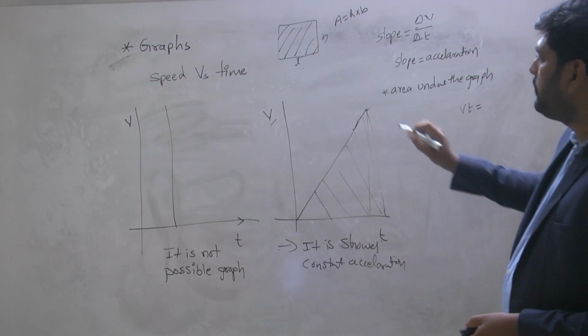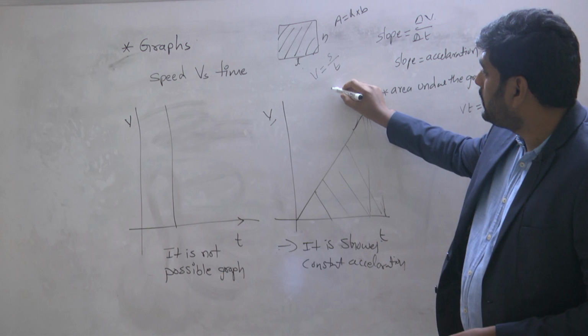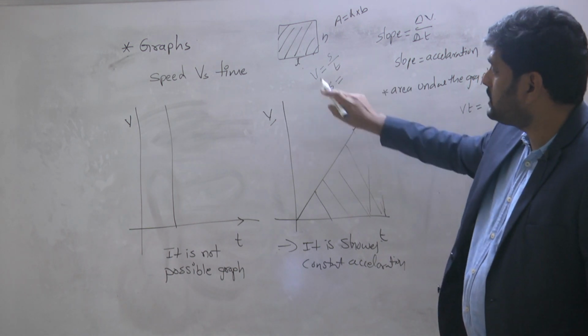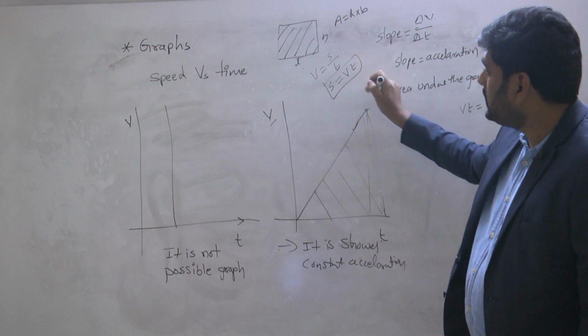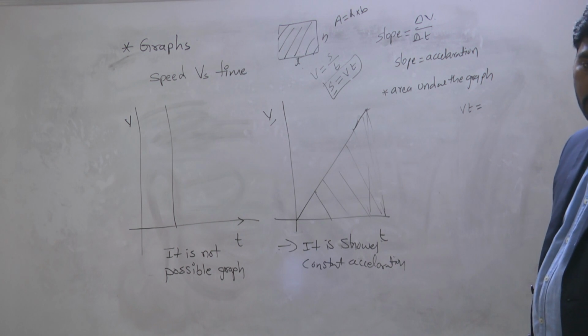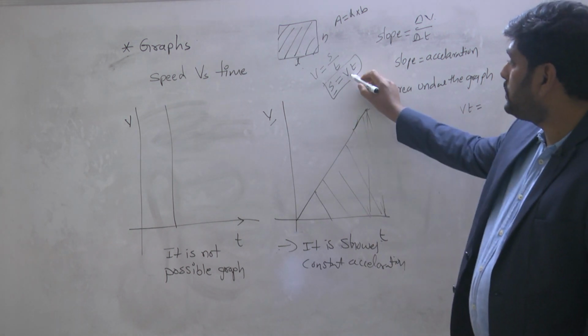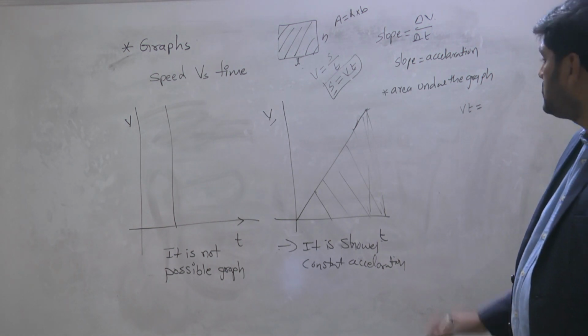You know the general formula for speed? Speed is equal to distance by time. Then distance is equal to speed into time. Which means that speed into time represents distance.